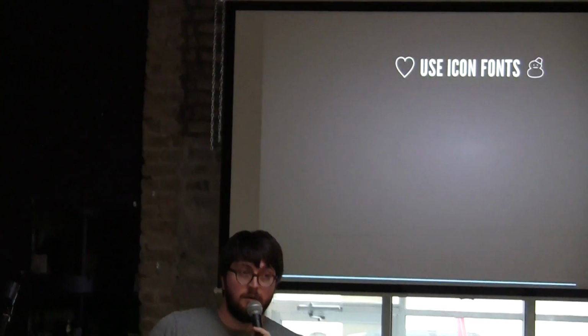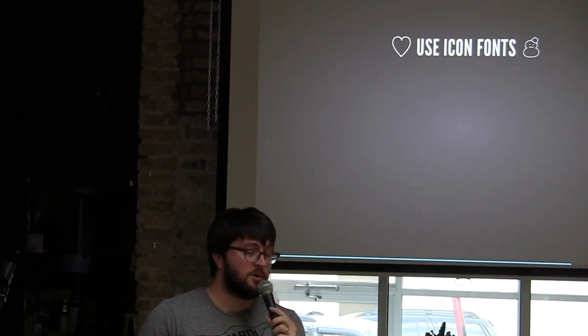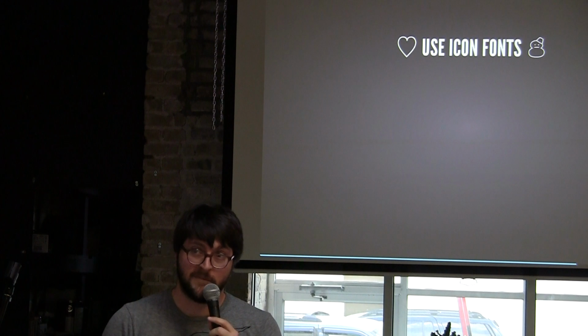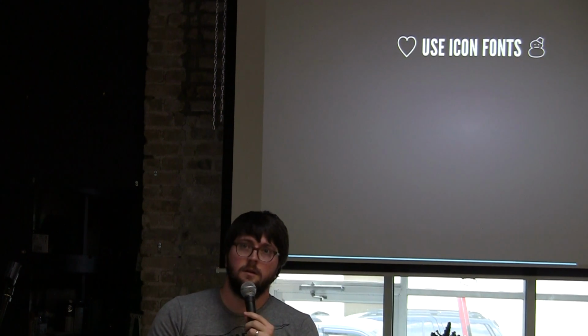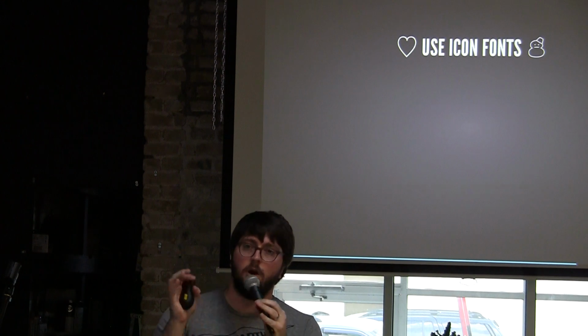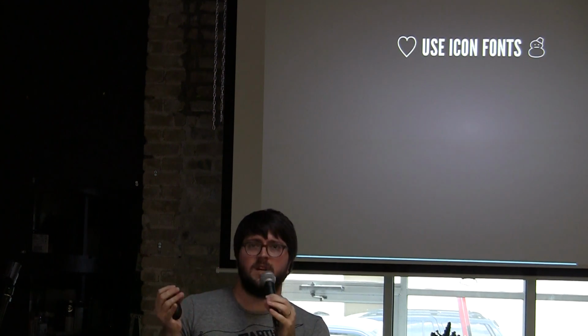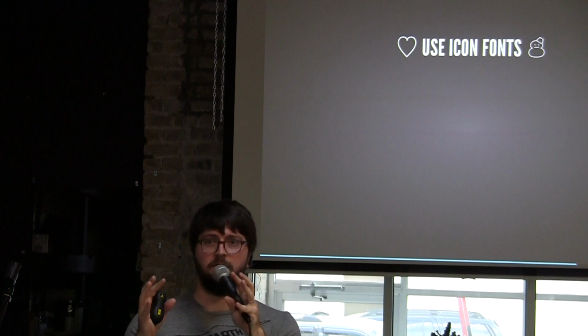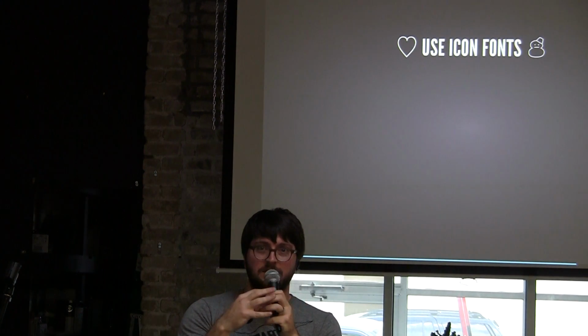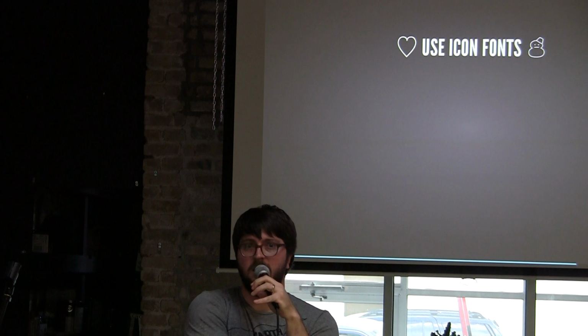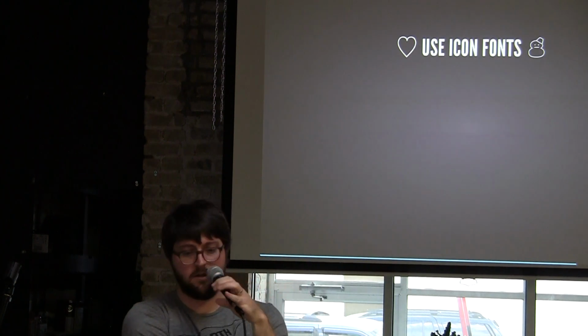We use icon fonts. Have you guys heard about icon fonts? Anyone? Yeah? Pretty much. Okay, yeah. GitHub is using them now. They're a popular brand. GitHub is using them, and they're awesome. They basically are like a snack pack of vectors all bundled into a font, and then you can just scale and use vectors.